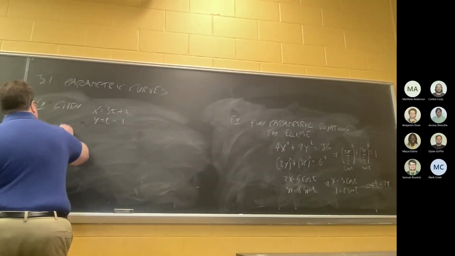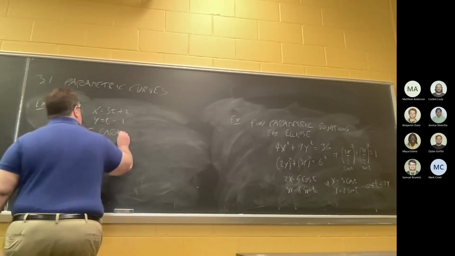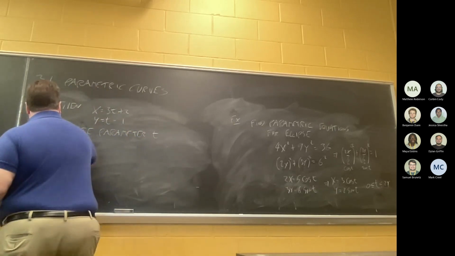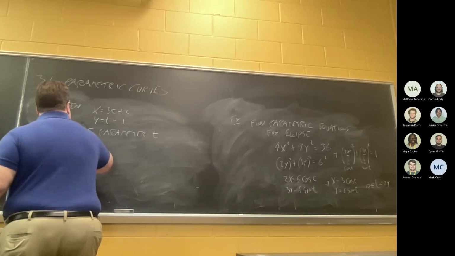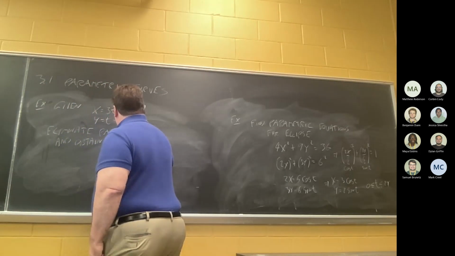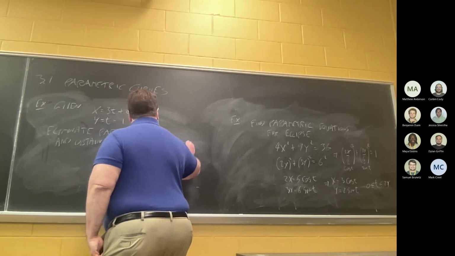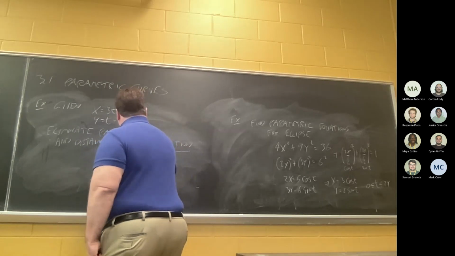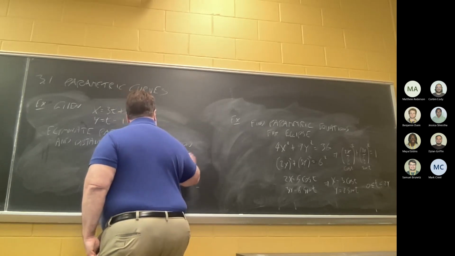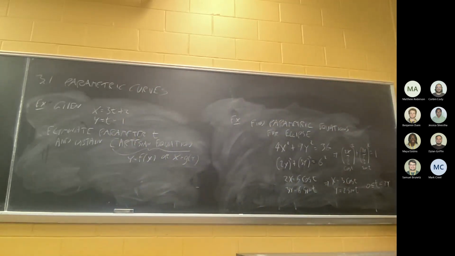How it's described, like in a problem statement, is you eliminate the parameter t and obtain what's referred to as a Cartesian equation. And for practical purposes, that refers to an equation of the form y equals f of x, or x is some function of y. Whichever one works.